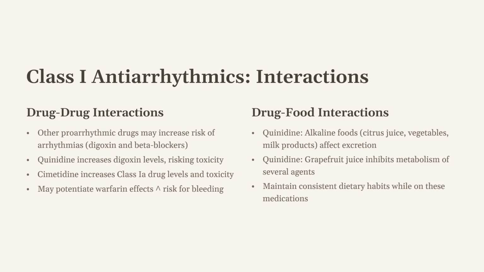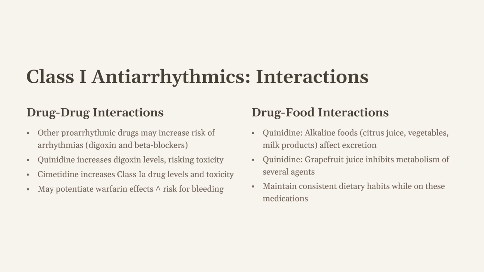Anything that also has the potential to cause arrhythmias is going to increase the risk of them developing arrhythmia while taking these medications. So digoxin and beta blockers, if they were to take those concurrently. Quinidine, one of the medications in this class, can increase digoxin levels. So if they were taking that together, there's going to be an increased risk for digoxin toxicity.